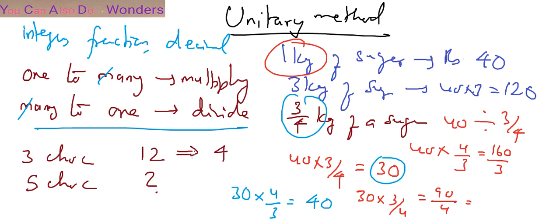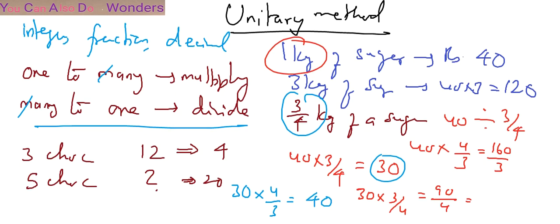Then 5 chocolates, 4 into 5, 20. This is one way. But without finding the cost of 1 chocolate, you can directly find the cost of 5 chocolates from 3 chocolates. How? Here the unitary method will be useful.